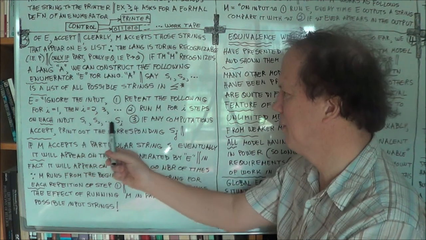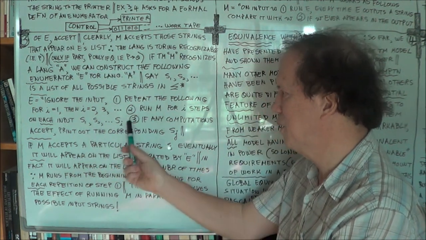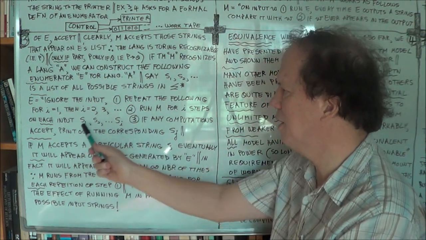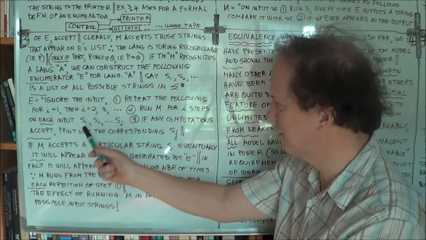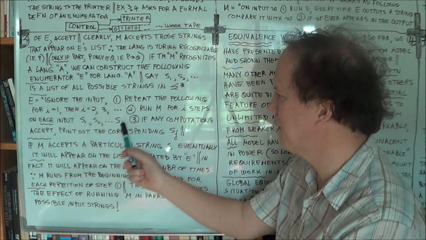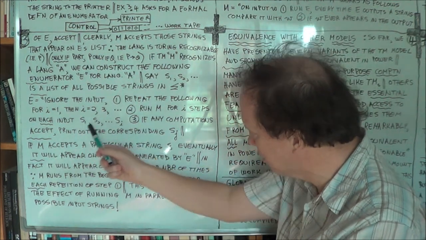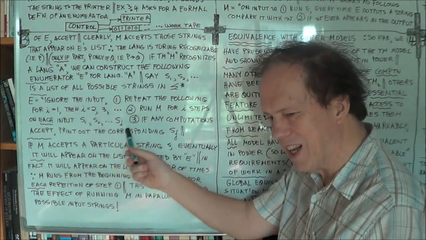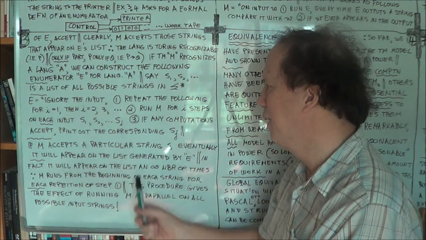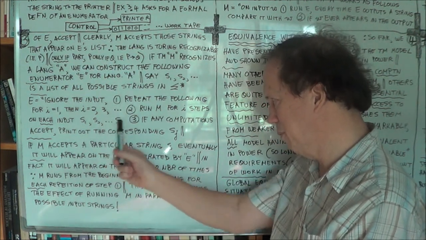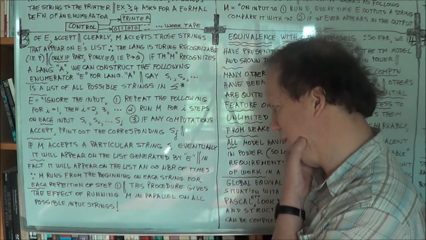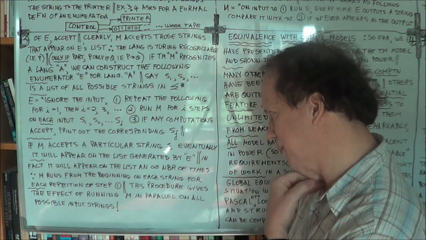Because the machine M is going through this list an infinite number of times. It starts here and goes up to I, but I is increasing all the time. So it's going through these earlier ones again and again and again. So if one is found, SJ, it'll probably be printed out an infinite number of times.